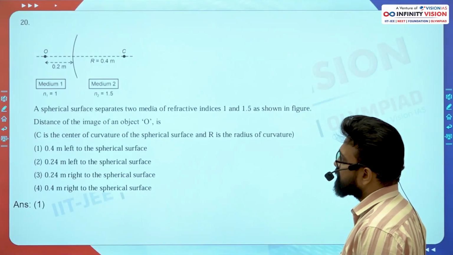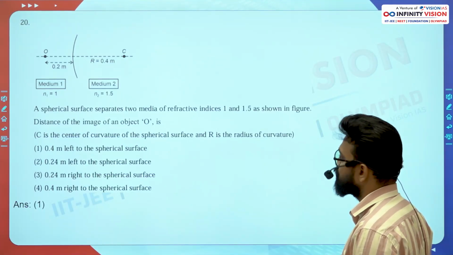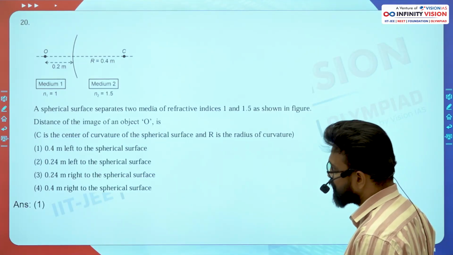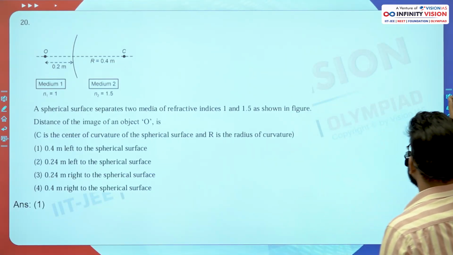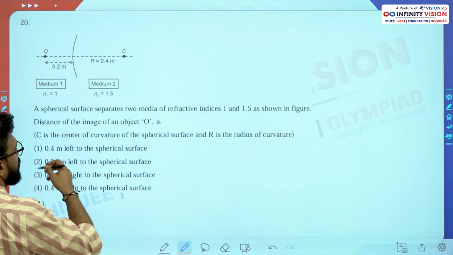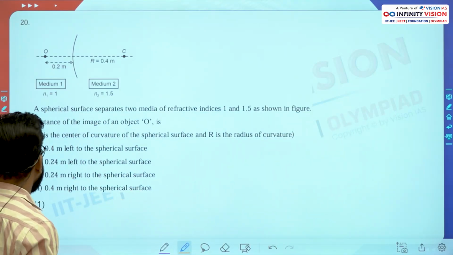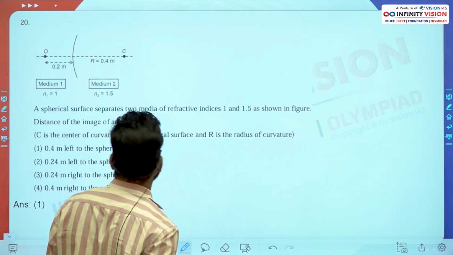A spherical surface separates two media of refractive index 1 and 1.5 as shown in the figure. You need to find out the distance of the image of the object O from the center, where C is the center of curvature of the sphere and R is the radius of curvature.